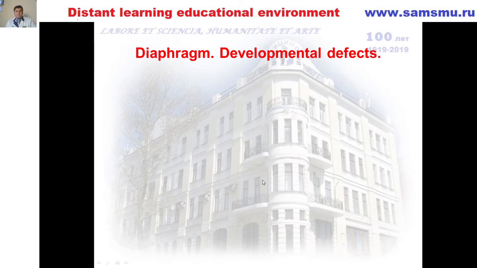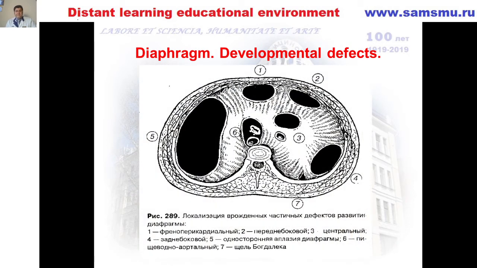And so you may see the developmental defects of the diaphragm. First is pericardial, anterolateral defect of development.